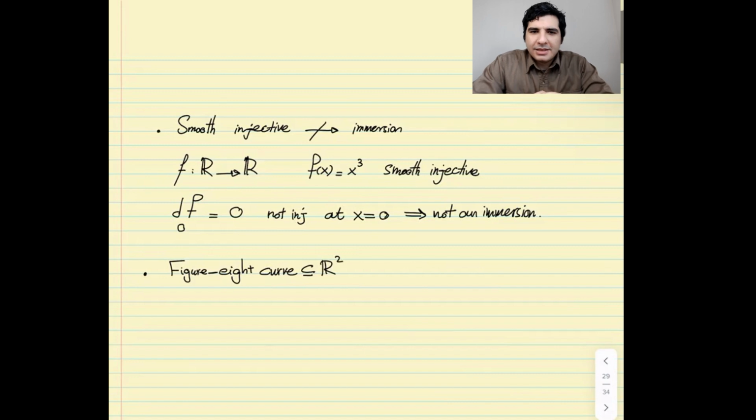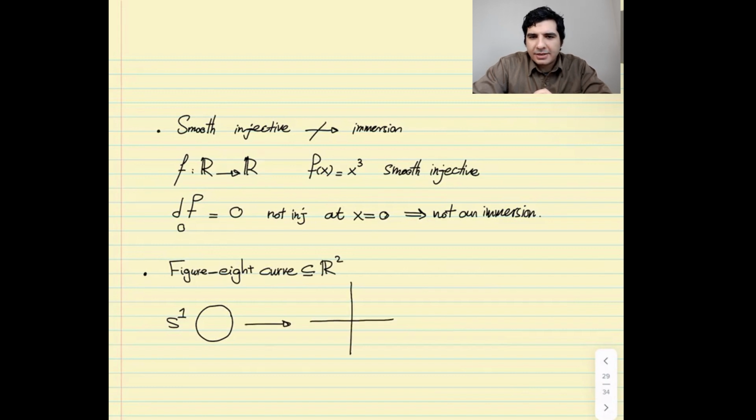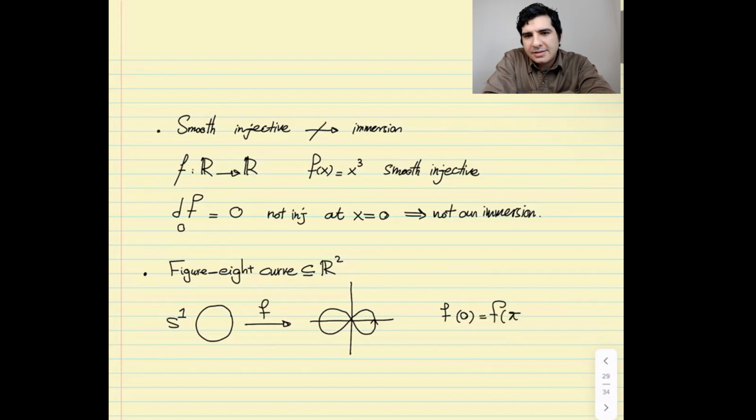The next example is the figure 8 curve inside R2. Well, think about the circle S1. We can construct a map that sends the circle smoothly to the figure 8, right? You can just think about a parameterization of the figure 8. So you can give a map which sends, let's say, 0 and pi both to the origin.